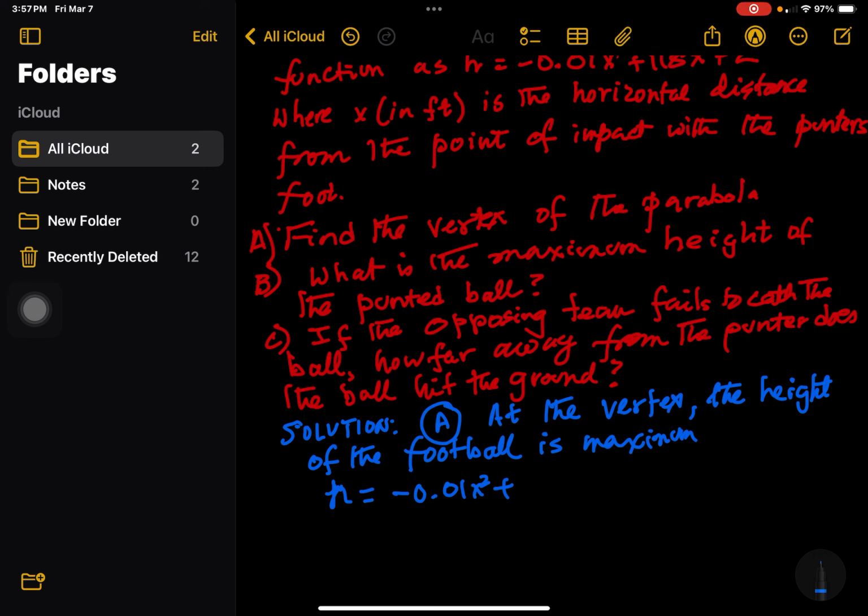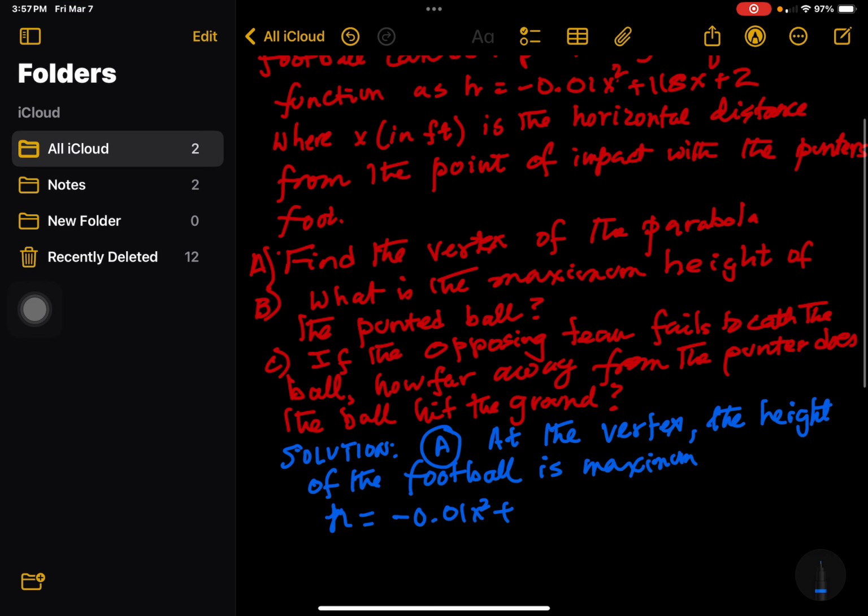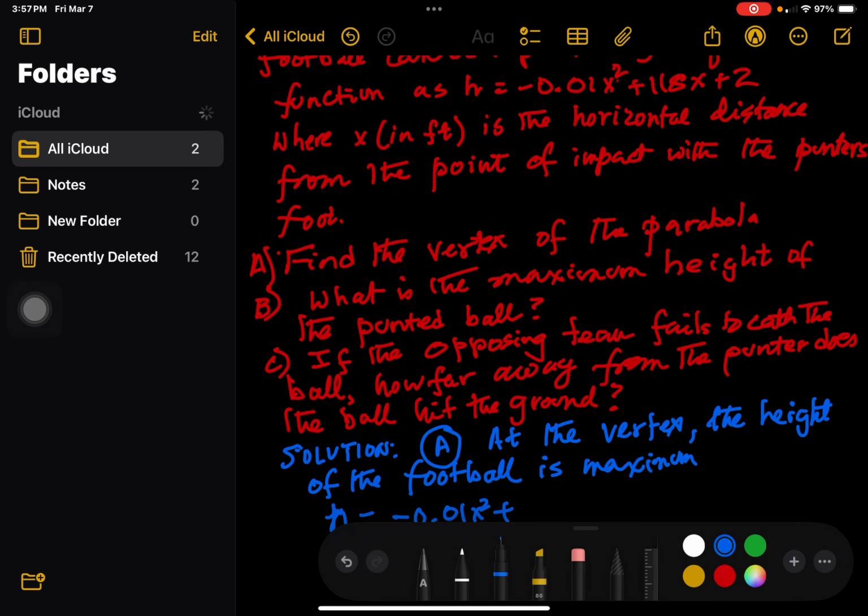this is actually 1.18. So let me correct that. It's not 118.